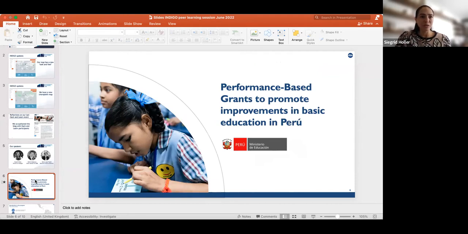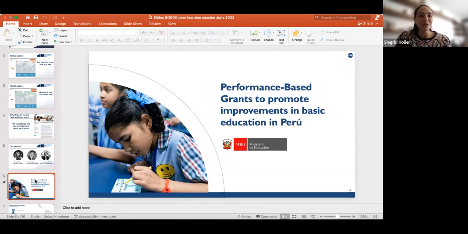So just to give you a sense of the difference in scale between the impact bonds that have been implemented in the same sector, where the total amount of funds tied to results is around $1 million with a significantly smaller number of beneficiaries. That is a really interesting example of how these mechanisms have evolved in the country from small impact bonds to large scale procurement reforms serving significantly more beneficiaries.